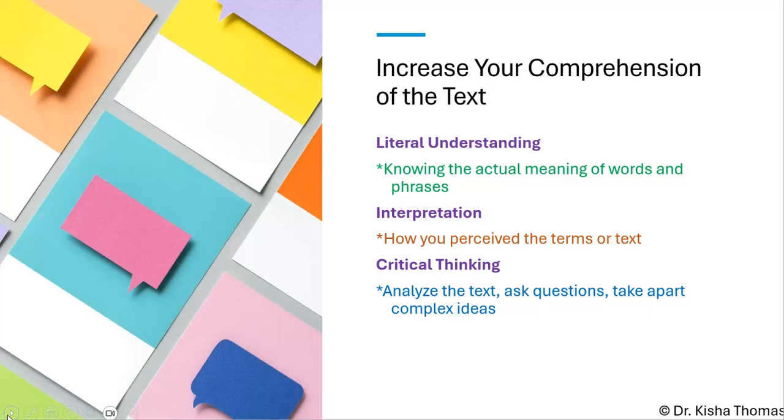So the way to improve your vocabulary is to follow through in step 2B, where you identify any difficult vocabulary and you write that vocabulary word down, and you define it. You have to interact with the text in order to help increase your vocabulary.